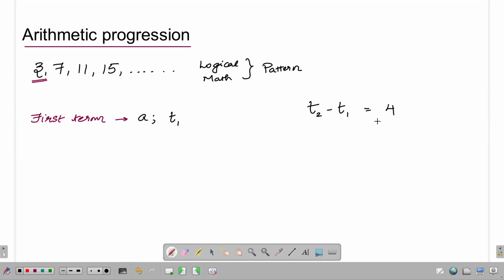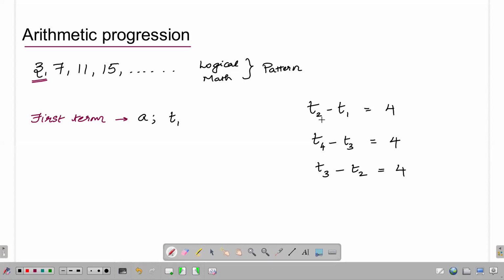In the same way, if I consider T4 minus T3, the fourth term minus the third term, that is 15 minus 11, which is also equal to 4. Suppose I consider the difference between the third term and the second term, T3 minus T2, that is 11 minus 7, which is also equal to 4.